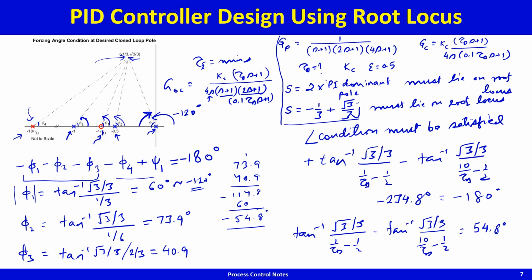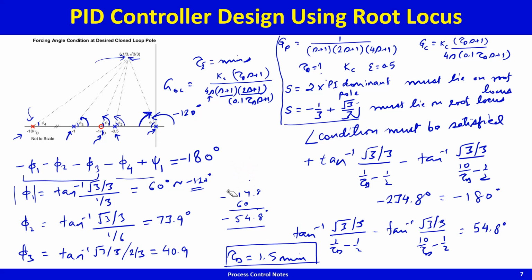And now this is a nonlinear equation that can be solved for tau d. Use fsolve in MATLAB to do the solving, and what you get from there is tau d equal to 1.5 minutes.